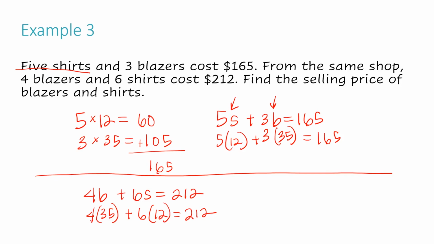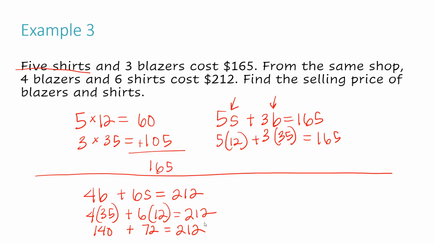The 4 times 35 that you're paying for the blazers totals $140, and the 6 times 12 that you're paying for the shirts totals $72, and that's where you get your $212 from, okay? This is a very real world scenario. It's like real. You could really do this. It's not just some kind of out of touch example or something, okay?